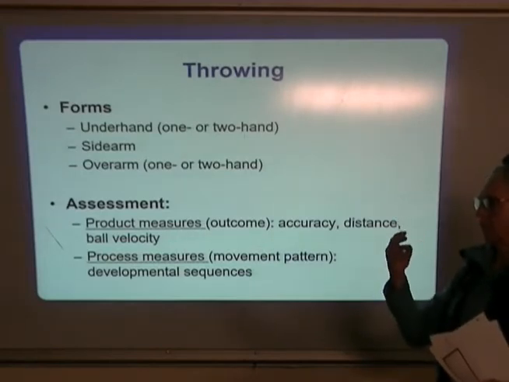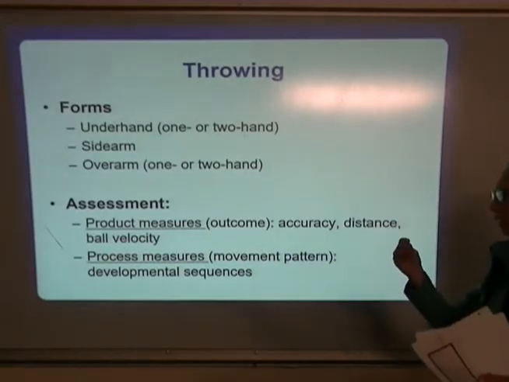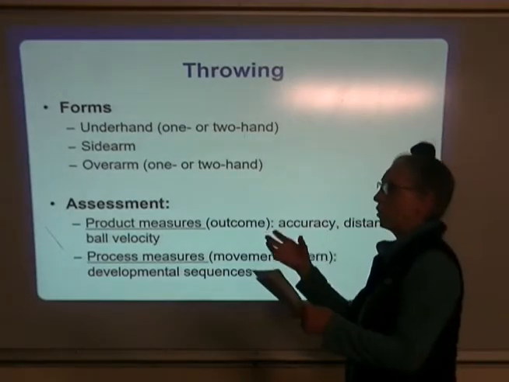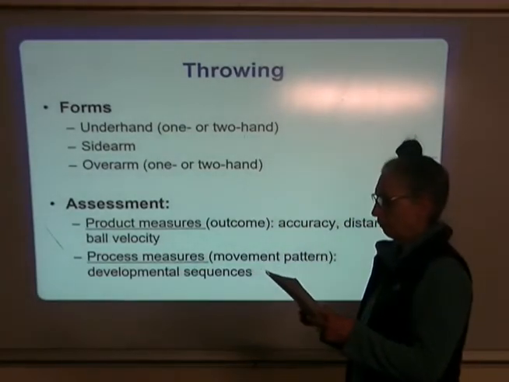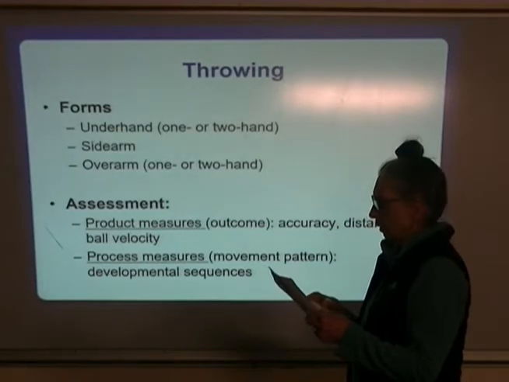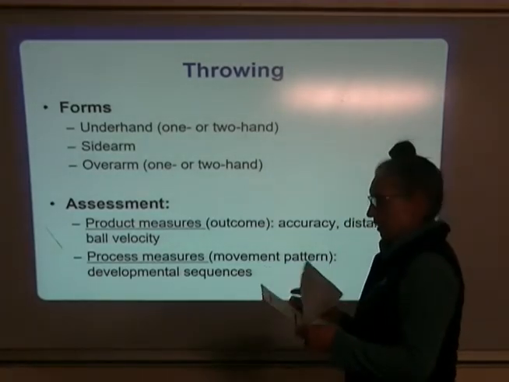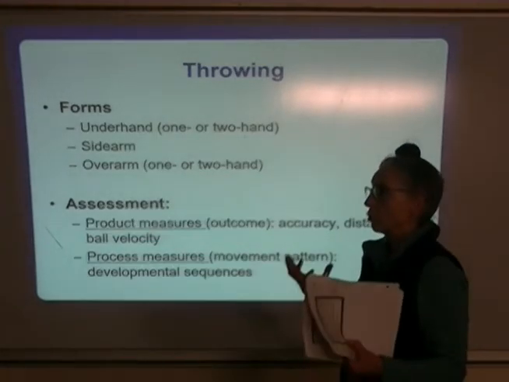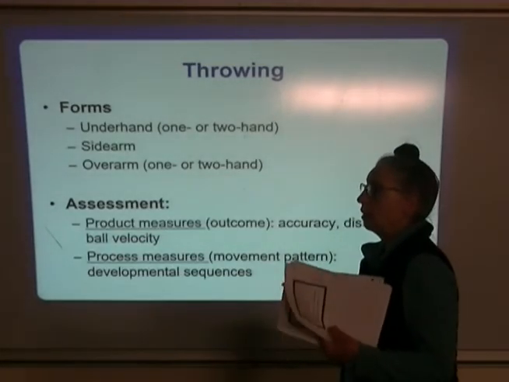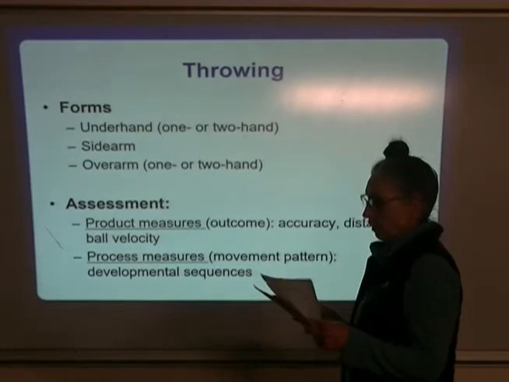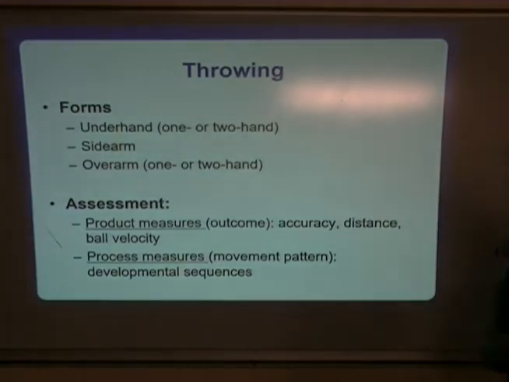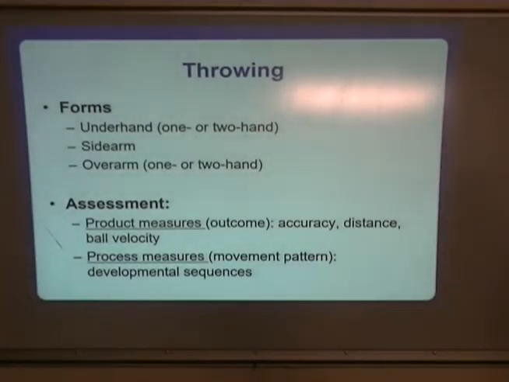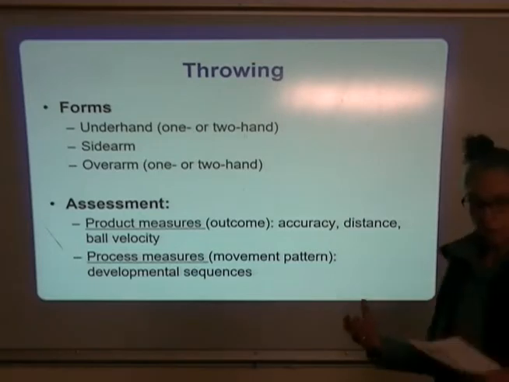So we want to think about the development and the sequence and where are they in the sequence of development, right? We get very different outcomes when we change the task constraint here, all right? So we'll talk about that a little bit as we go on. There's a very good lab activity that you can use to practice that idea.